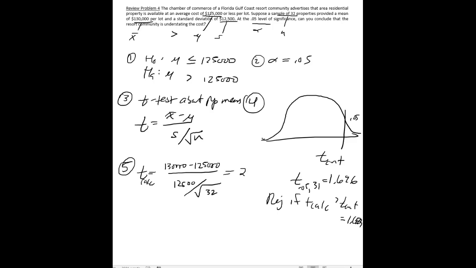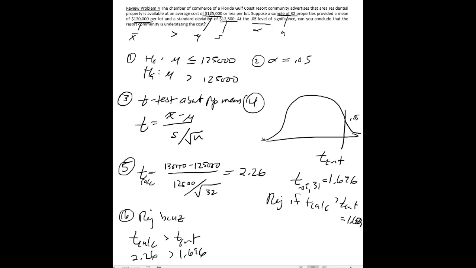We calculate that out and we get 2.26, and then we say reject. Reject because t-calc is greater than t-crit, which is 2.26 is greater than 1.696. And then our step 7 would be, we can conclude because of significant evidence that the Chamber of Commerce is understating the prices.